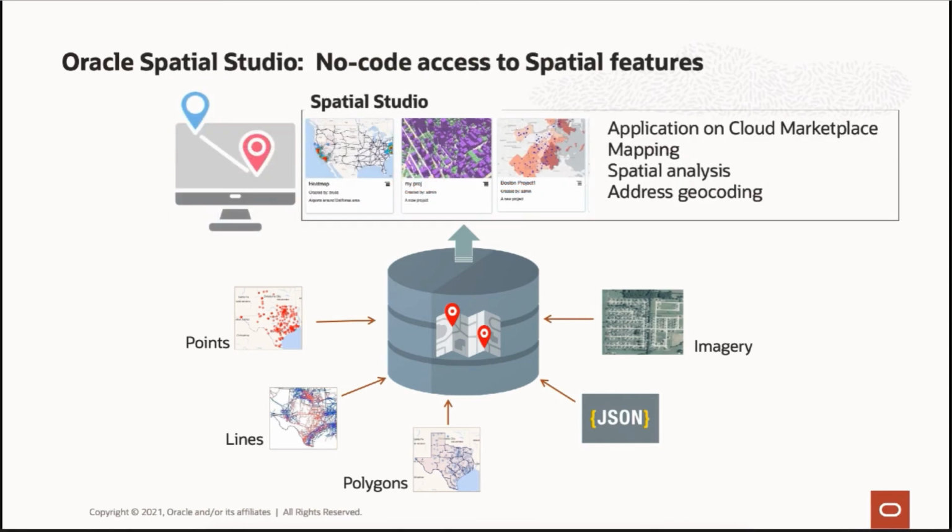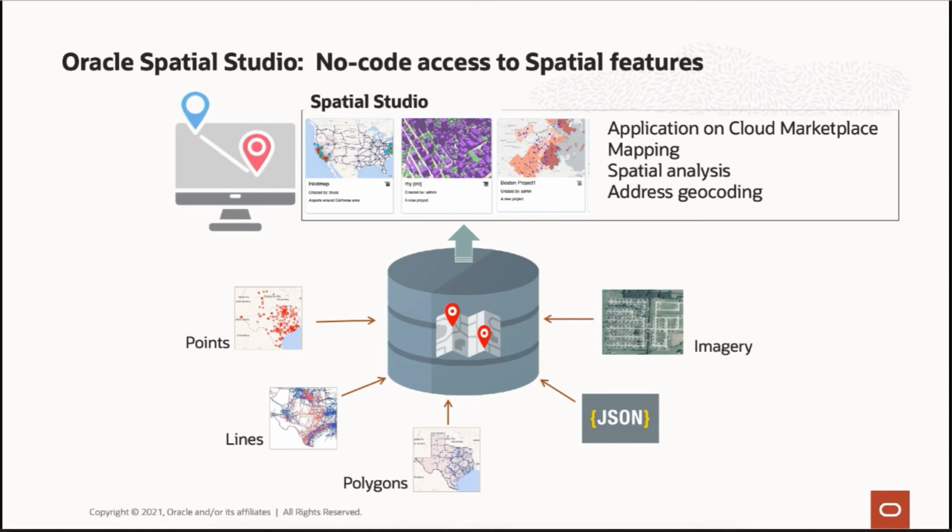There's also a no-code or self-service application that is provided along with the database to provide access to those same features for spatial data management, processing, and analysis, as well as map visualizations, creating maps. And that's something called Oracle Spatial Studio.